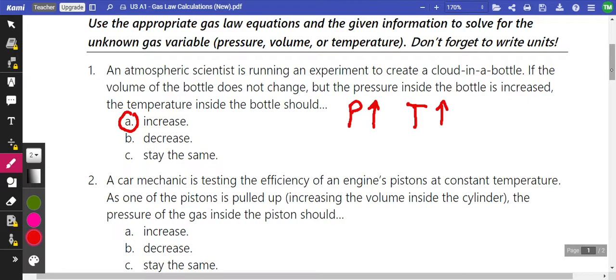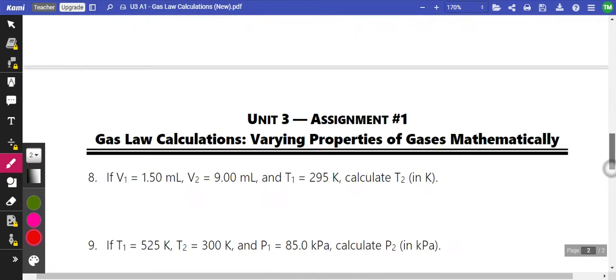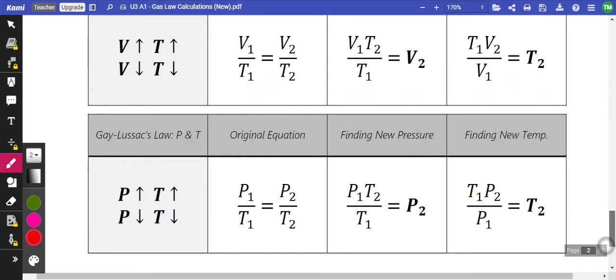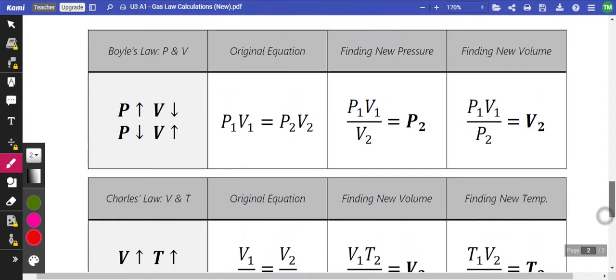So that is what is down here next to these relationships with the arrows. Let's start with this. Boyle's law is not just an "if pressure does this, volume does this" kind of relationship. It's also shown mathematically here.